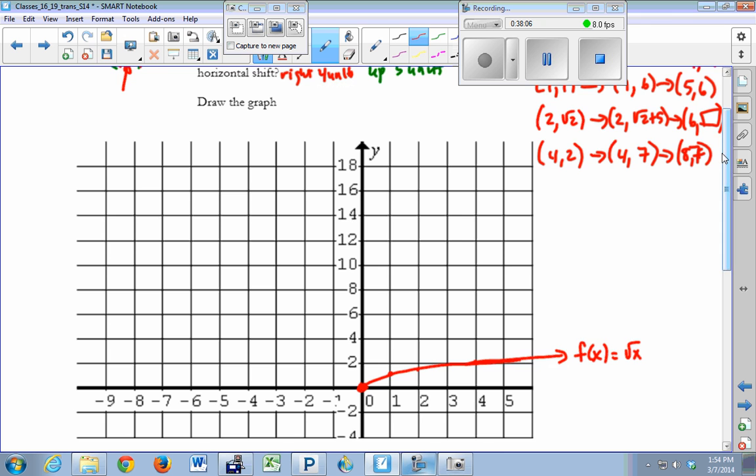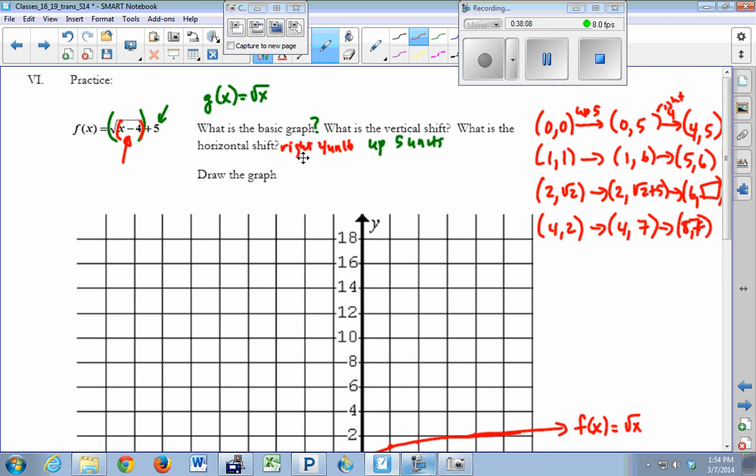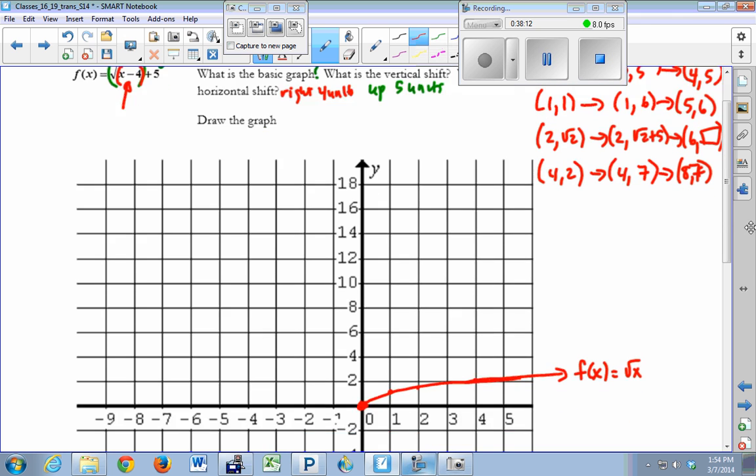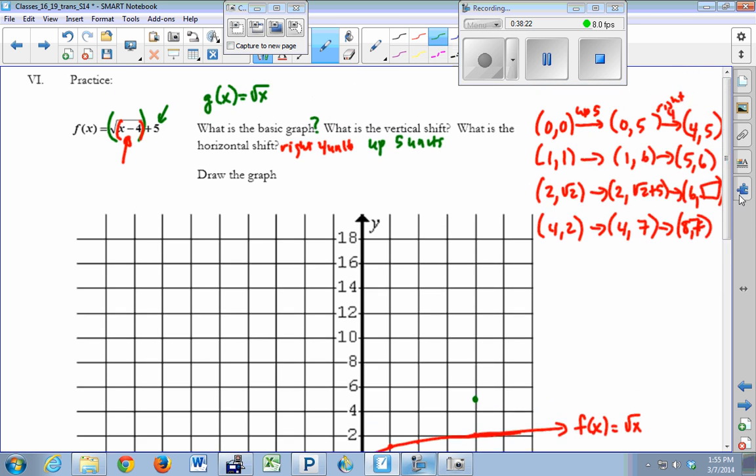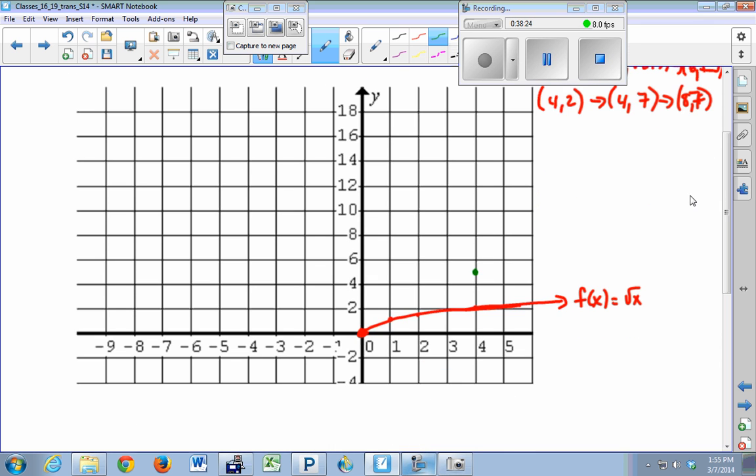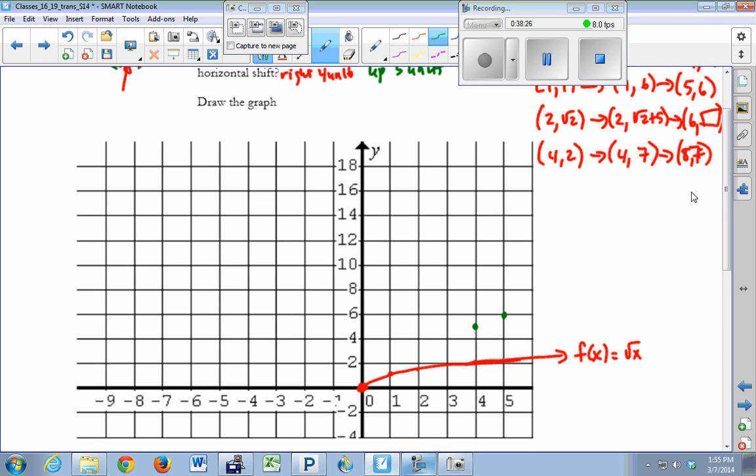And now my transformed function, which moves right 4 units and up 5 units, are these 4 points. So instead of 0, 0, I'm now at 4, 5. Let's use a different color. Here's 4 and here's 5. And my next one is 5, 6. My next one is going to be 6, square root of 2, 5.